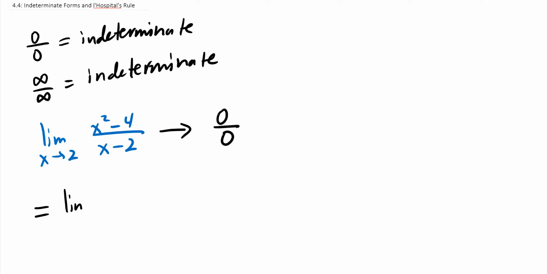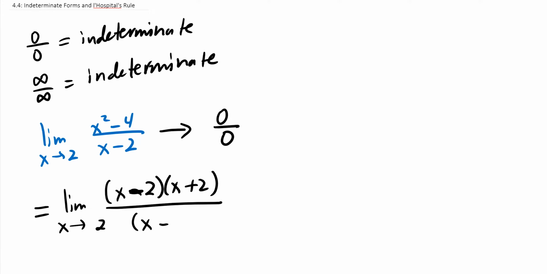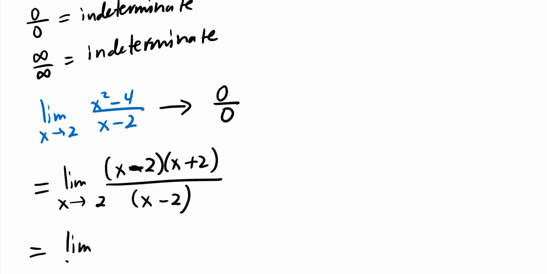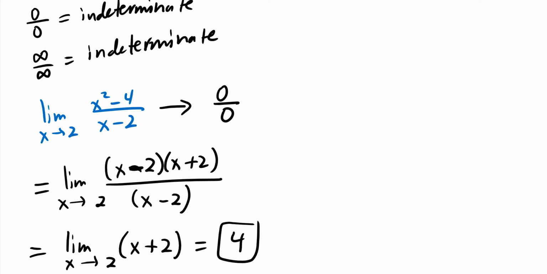So as a recall, what we did before was factor this: x minus 2 times x plus 2 over x minus 2. Then simplifying, I just need to find the limit of x plus 2, which is 4. Now I determine the value of this limit.